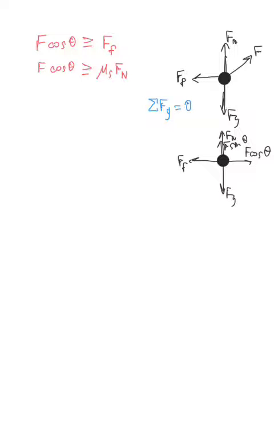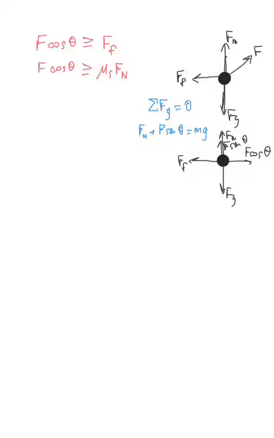So that is Fn plus F sine of theta, those are the two upward forces, equals Fg, the downward force. And rather than write the Fg, I can just go ahead and put in the formula for it already. That is m times g.